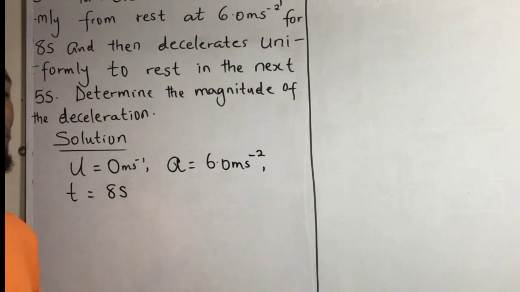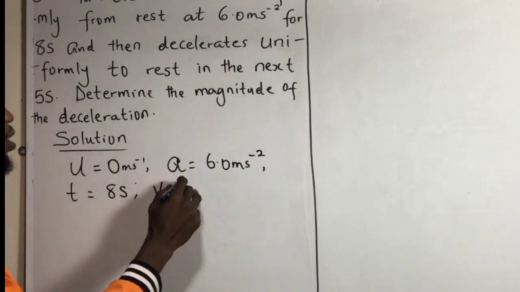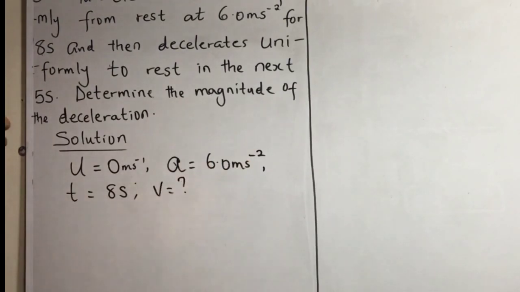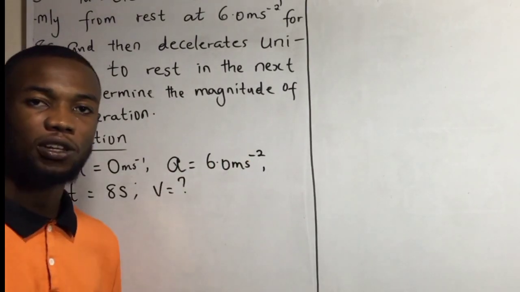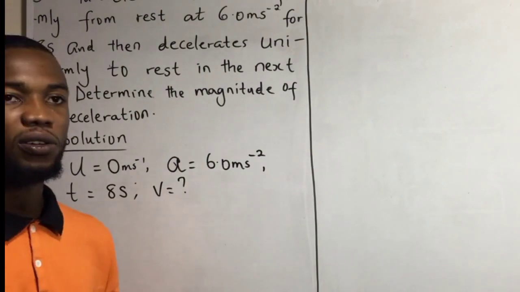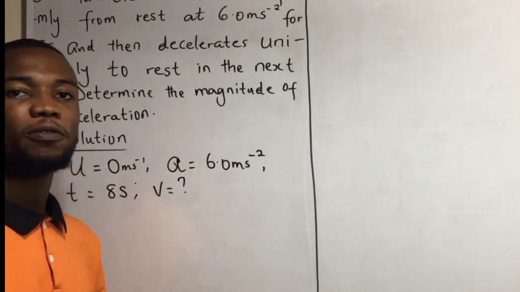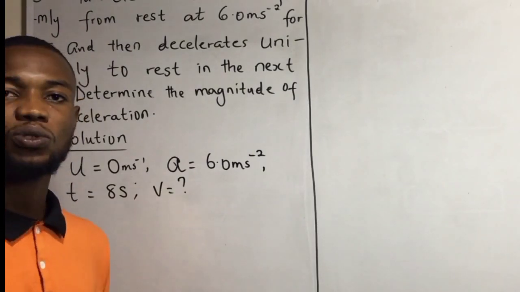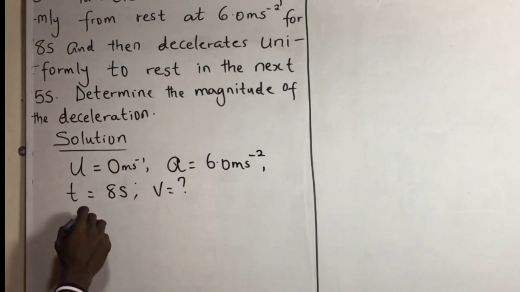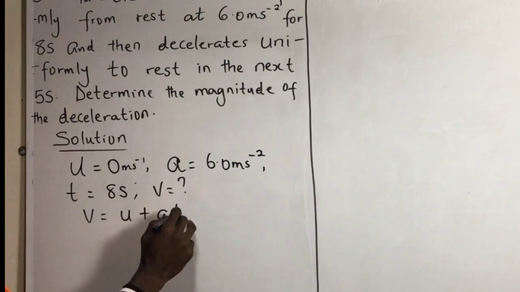Now, the first thing you are going to do is to calculate your final velocity when this acceleration happens. What's the final velocity of this body when it accelerates at 6.0? If we go back to the formulas that we have, the best formula suitable to solve this is v equals u plus at.